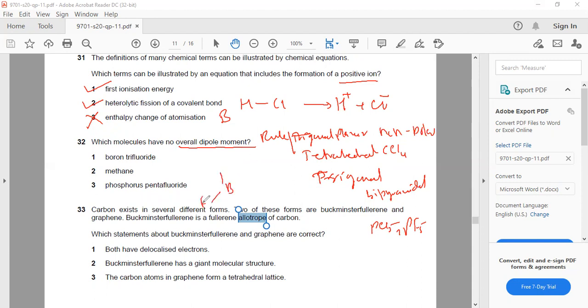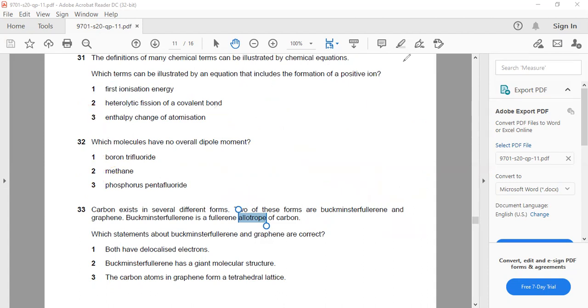Boron trifluoride is trigonal planar, no dipole moment. Methane is symmetrical tetrahedral, no dipole moment. Phosphorus pentafluoride has a symmetrical structure, no dipole moment. How? Look, this is phosphorus. The trigonal plane is cancelled out, and these two at 180 degrees are cancelled out. Polarity is cancelled out. You have to study dipole moment in detail.